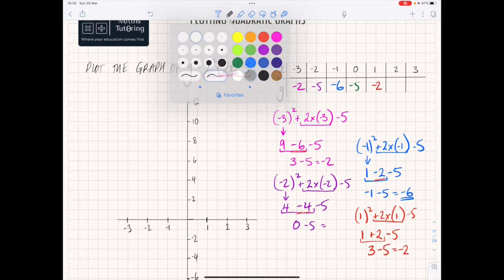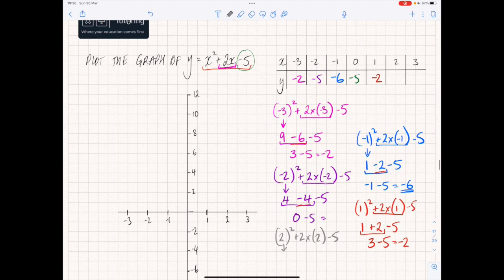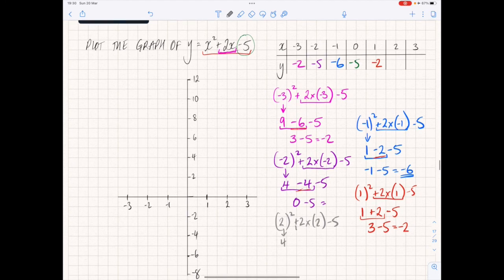Then we move on to 2. So 2 squared plus 2 times 2 minus 5. That's 4. 2 times 2 is plus 4 as well. Then minus 5. That's 8. 8 minus 5 gives you 3. So 3 goes there.